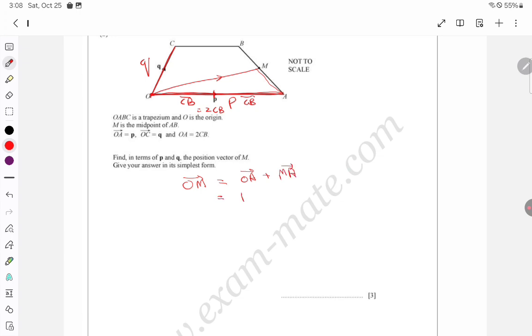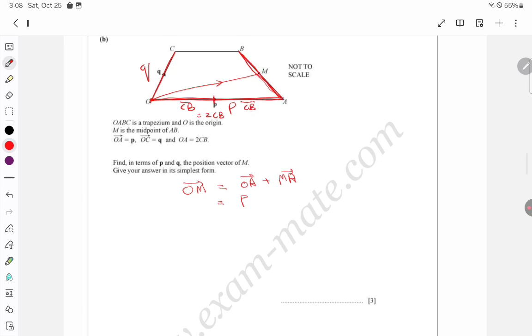OA is our P. In order to calculate the MA, first we know that this is our AB and half of it is MA. So we can say that AB is equal to Q minus P plus P half. This is our P half because we know that P is double of CB, so CB is half of P.